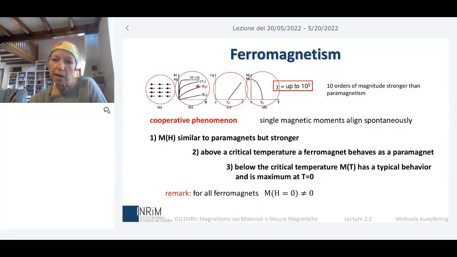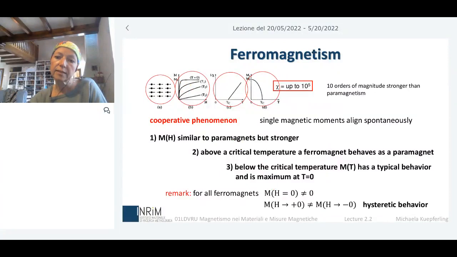Just one remark, one thing that you cannot see very easily in this slide here is that we have hysteresis. So at zero magnetic field, the magnetization is not zero. It aligns spontaneously. We have a certain magnetization. This is very different with respect to paramagnets.